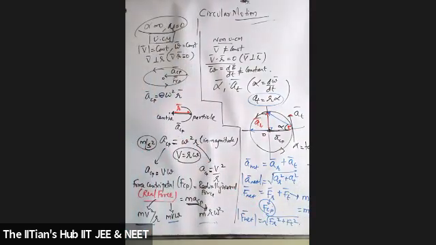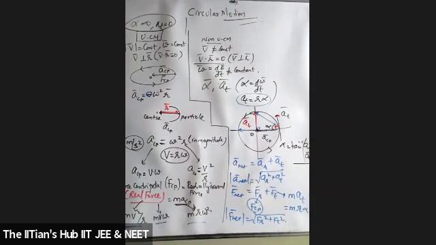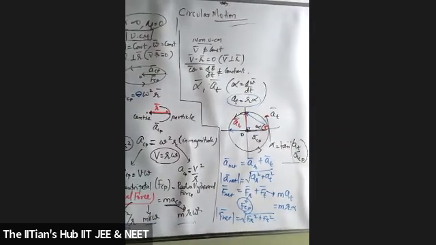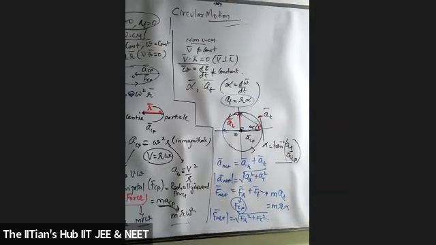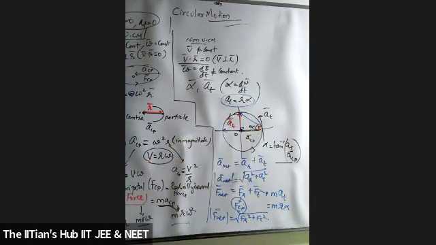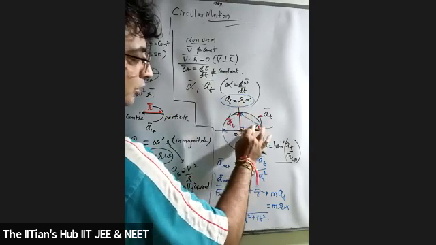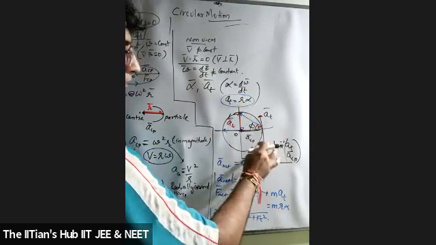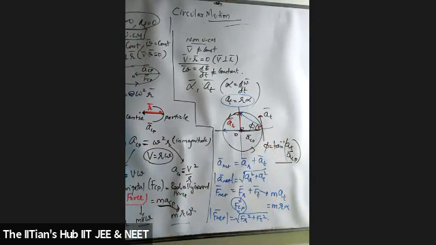This is the formula for alpha. क्या ये क्लियर है अभी? Instead of alpha, students, don't put alpha because alpha is angular acceleration. तुम लिखो phi. Take angle phi, tan inverse of tangential upon centripetal.